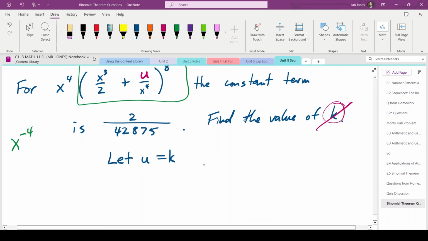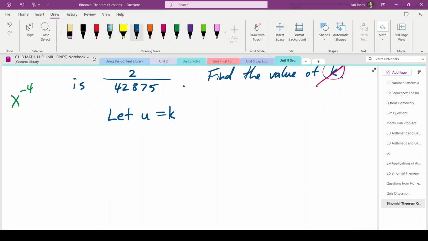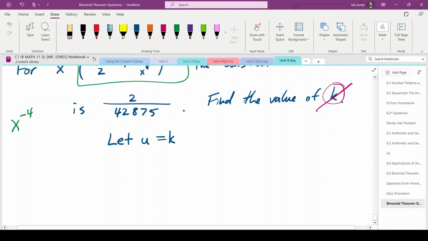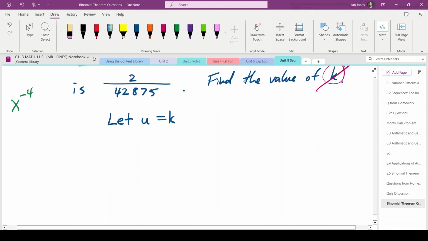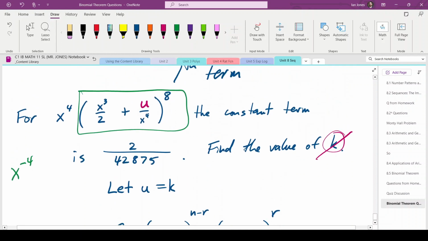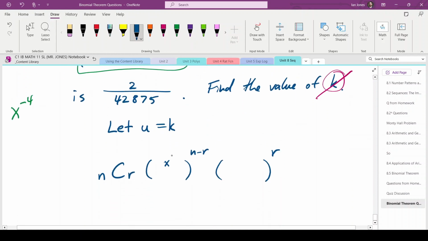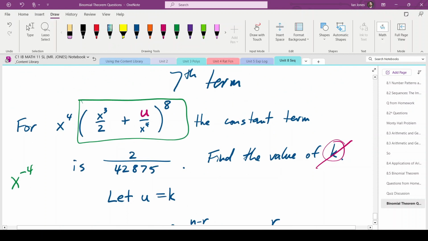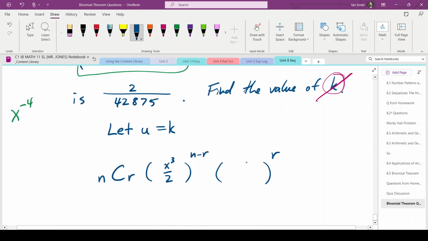So I'm going to go ahead and say, okay, well, the kth term, whichever term that happens to be, is going to be n choose r, a to the n minus r, b to the r, and my a is x cubed over 2, and my b is u over x to the 4.